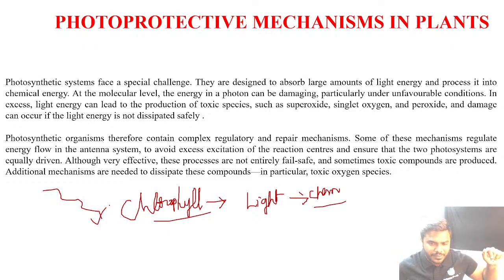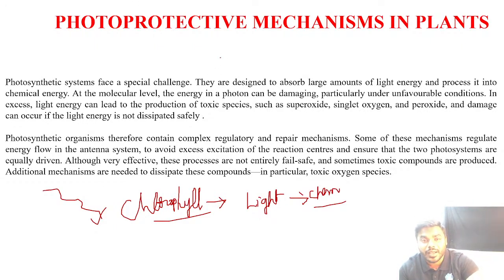I cannot do that. Being a chlorophyll molecule, I will absorb a limited amount of light energy and convert it into chemical energy. But what is the condition? The condition is there is a high intensity of sunlight. The sunlight is coming continuously. Now what is going to happen?